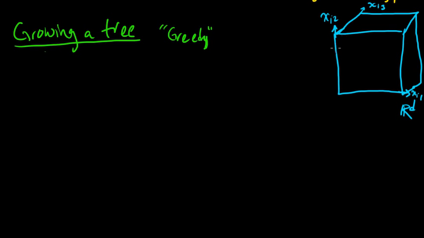So we've got this high dimensional space here, and at the first step, since we have to construct this binary tree, our greedy algorithm is going to choose the coordinate and the split that minimizes the error.